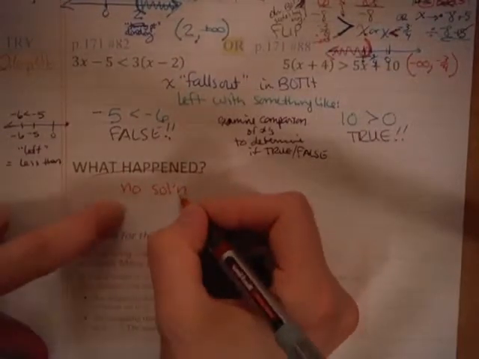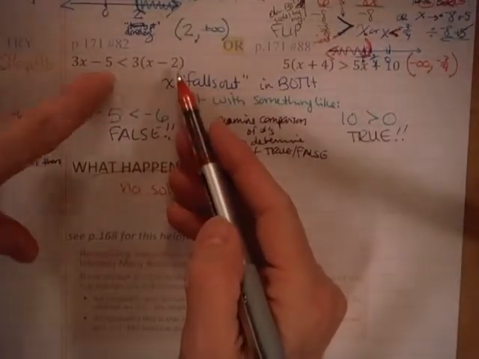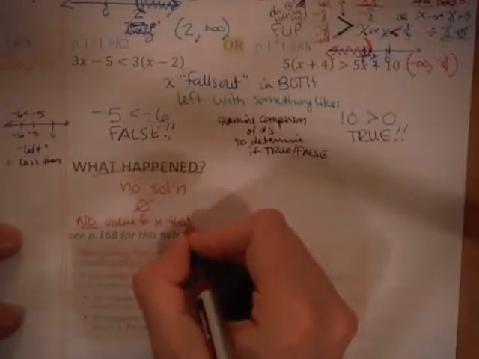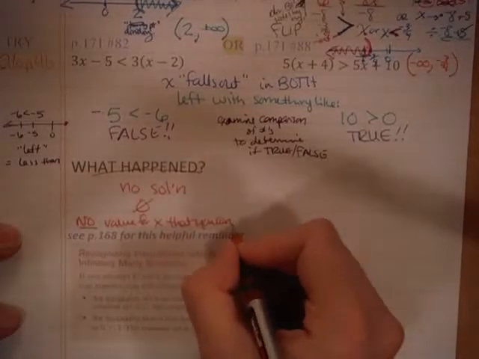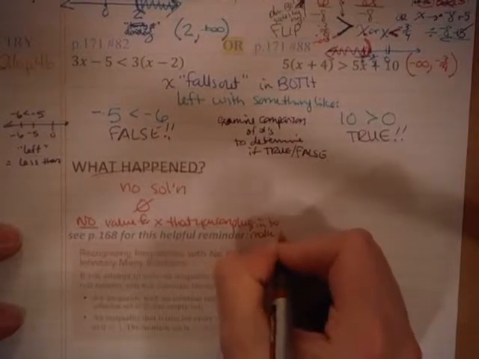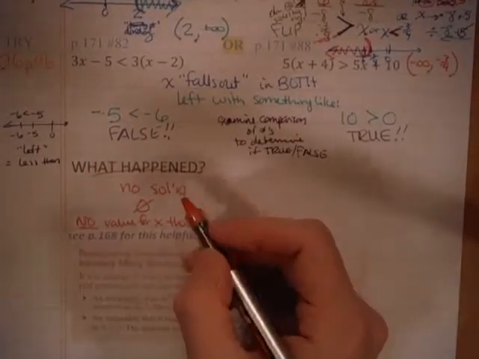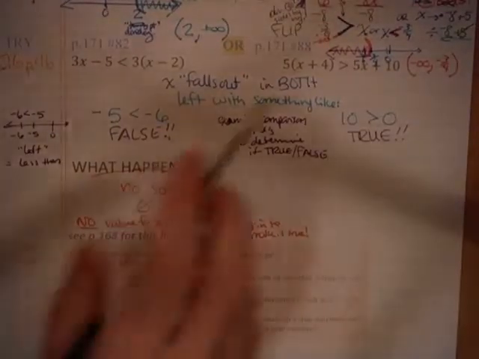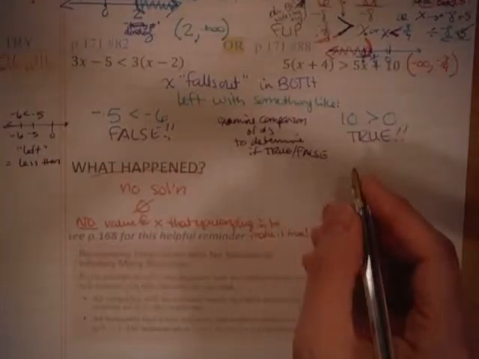There is no value that you can plug into this inequality to make it true. Okay? There's no value for x that you can plug in to make it true. Okay, so no solution. So we just use the little circle with the slash through it, meaning it's the empty set. There's no set of solutions that works here.